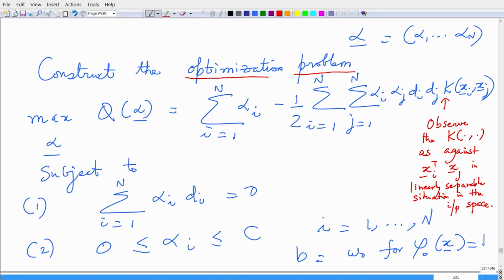Now, what are the conditions for this optimization problem? What are the constraints? Summation i equals 1 to n alpha i di equals 0, and alpha i is bounded between 0 and C, where C is some fixed constant, and this has to hold for all i equals 1 to capital N. And we have the bias details taken care of when we solve for the kernel in terms of the nonlinear mapping.